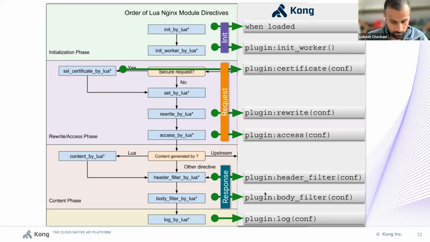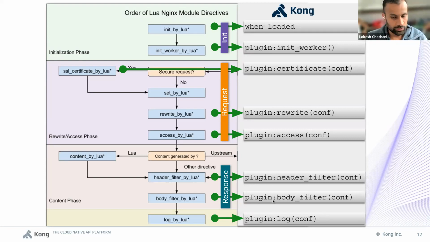Once your backend API, which in the Kong world we call the upstream, returns the response, it comes back to Kong, and you want to do something with it, like enrich that response, or add some identifier, or add a correlation ID, etc.